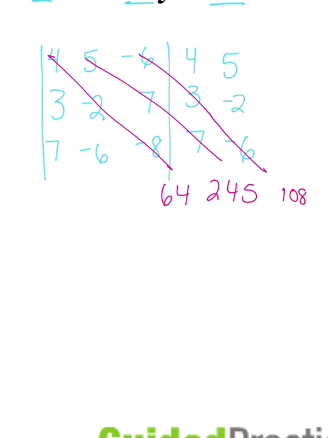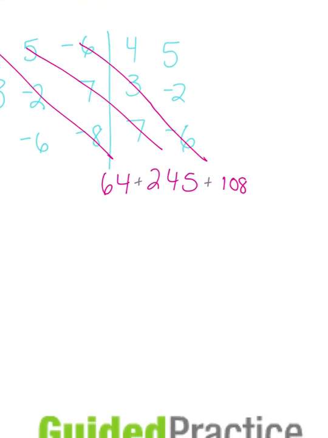And let me just check. This is positive times negative. Get negative, negative, negative. Oops, negative is positive. I think all my signs are right. Okay. And how about I add those up on here? So 108 plus 245 plus 64 is 417.